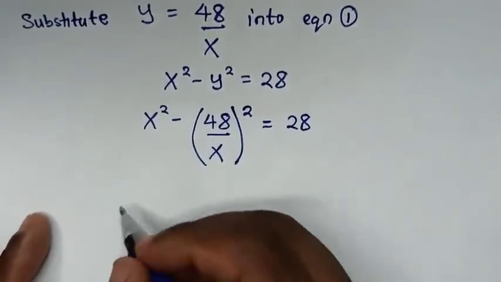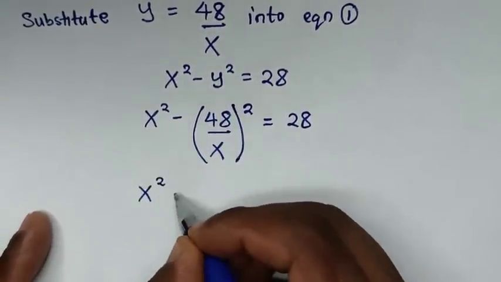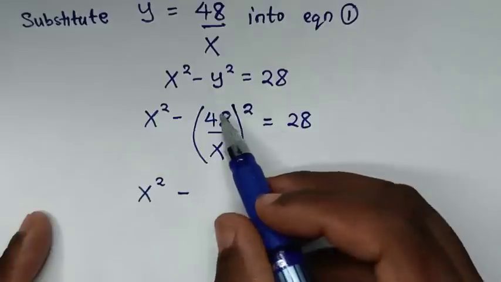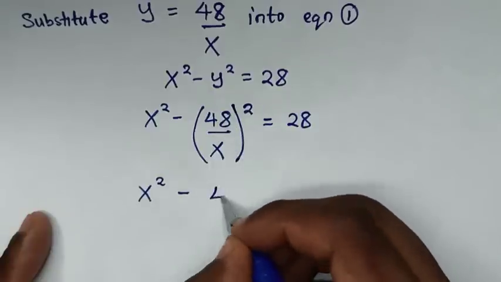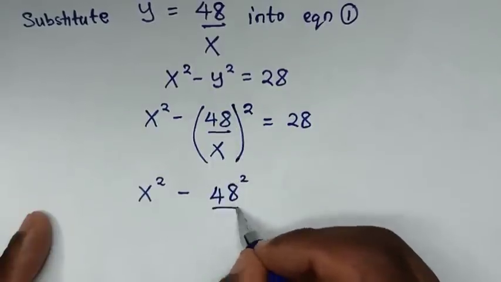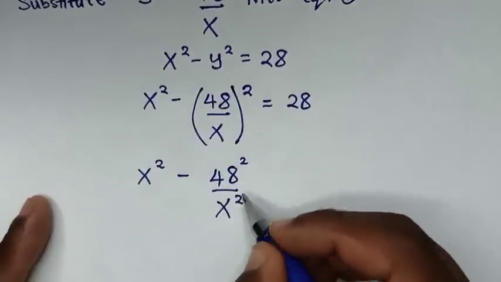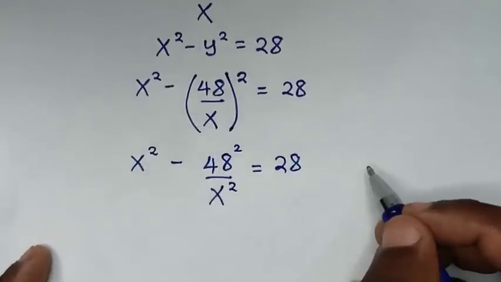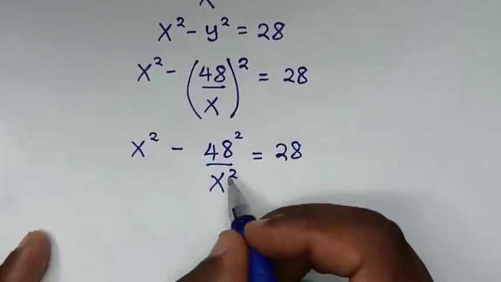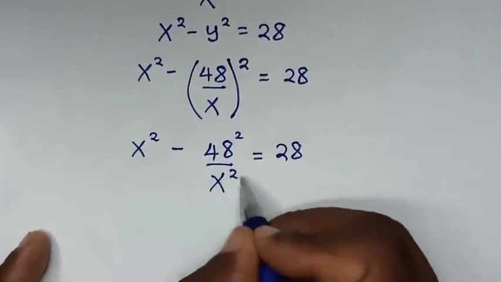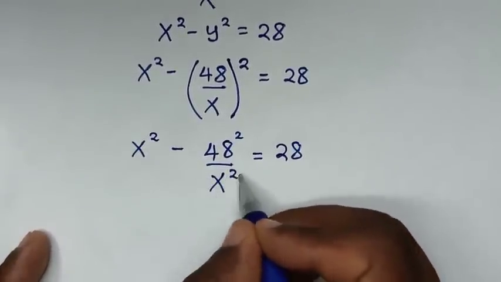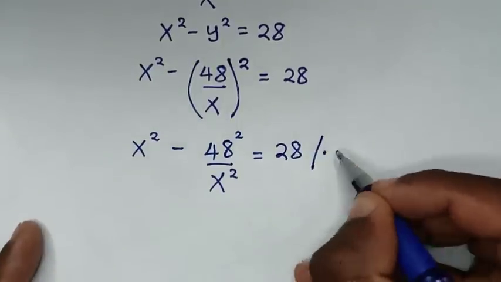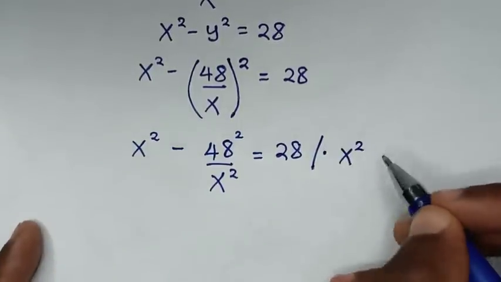Then in the next step, it will be x squared minus, we take this square inside the bracket, so it will be 48 squared over x squared, is equal to 28. Then to remove this fraction, this denominator of x squared, we multiply the whole equation by x squared.